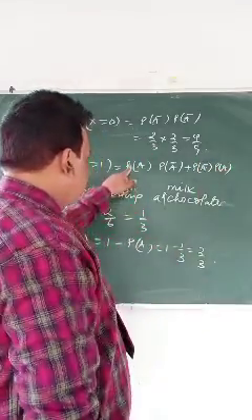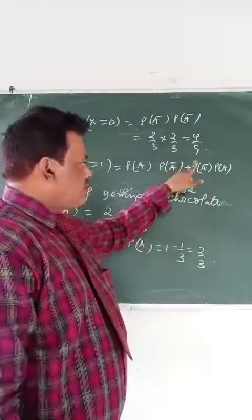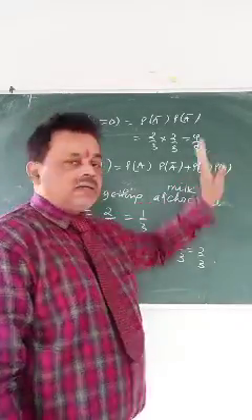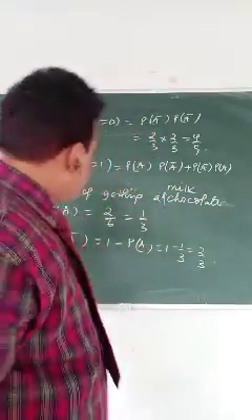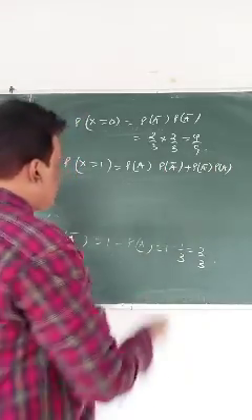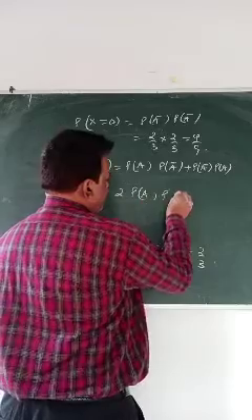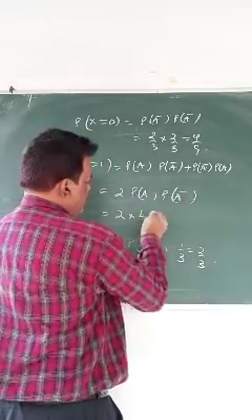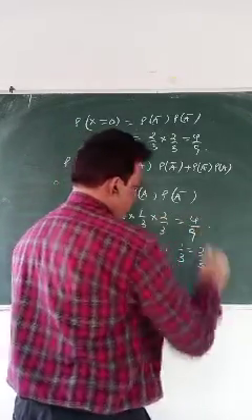The first trial you may get a milk chocolate, second you don't, or the first time you don't, second time you do. But this is the same, so you can write 2 times P(A) P(A naught). So 2 times 1 upon 3 times 2 upon 3. This is also 4 upon 9.